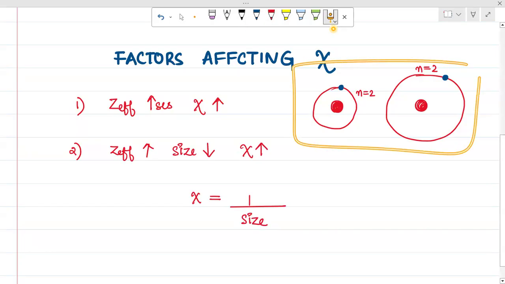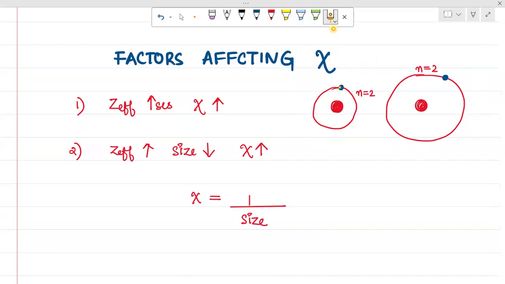You have two different sizes, and an electron kept over here. In the smaller size, the nucleus is very close, so it will pull the electron. I am showing just one electron over here, but the same is the scenario if you have a shared pair of electrons. Here the system is very large. The nucleus is not strong enough to pull the electron, and hence it won't be strong enough to pull the shared pair of electrons either.